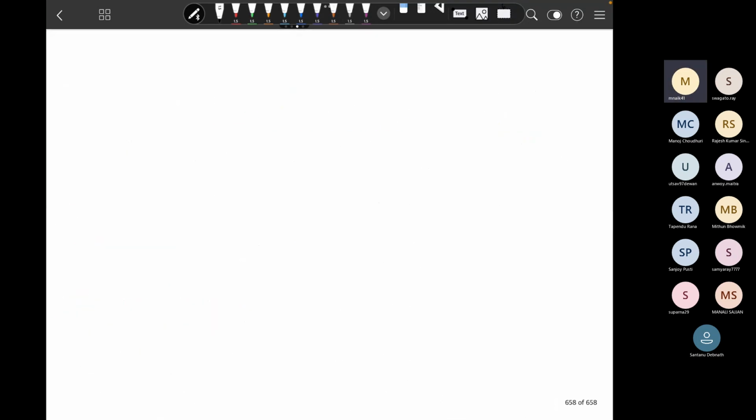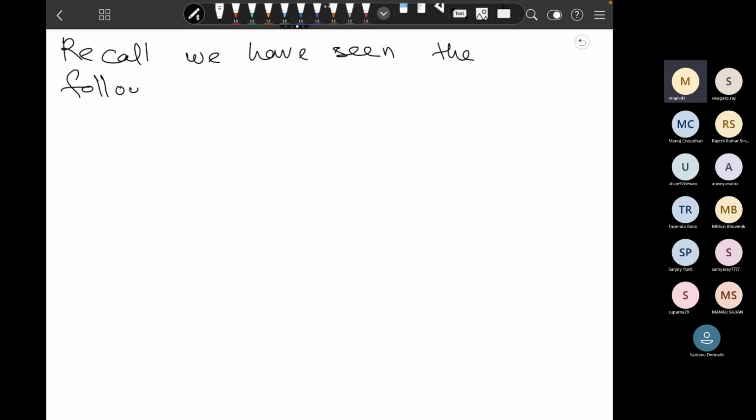Now so last time we have seen that, okay, recall. Actually, I have given an exercise there, and that is a very easy exercise. Recall, we have seen the following proposition. I am writing it as a proposition, but that's okay.